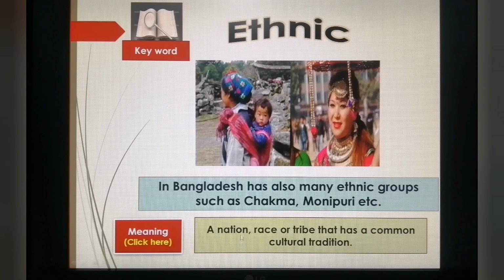Ethnic means a nation, race or tribe that has a common cultural tradition. And in every country the ethnic people have been living from very ancient times. Some of these may have been living from prehistoric times.